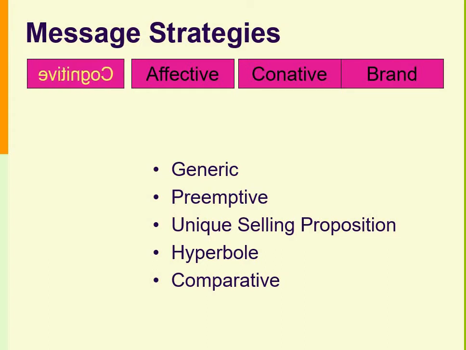So mainly there are four types of message strategies which we use in advertising design. The first three are cognitive, affective, and conative, and they are named so because they are specifically intended to target the attitudinal component of the consumer audience. As we have already discussed, these are the different components of attitude: cognitive, affective, and conative.